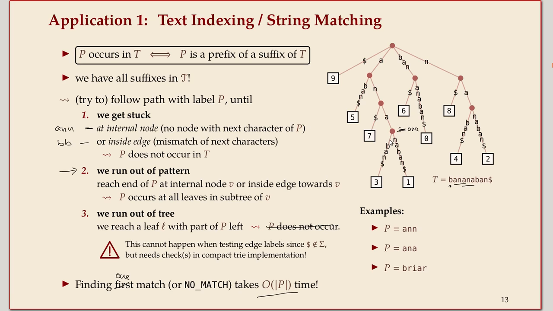That's the main application for text indexing in the classic sense, if you're finding exact matches in the string. And note again that this works irrespective of word boundaries. There are no word boundaries that enter in this. All suffixes are stored, so you can search beginning at any position and you'll find any occurrences of that pattern.